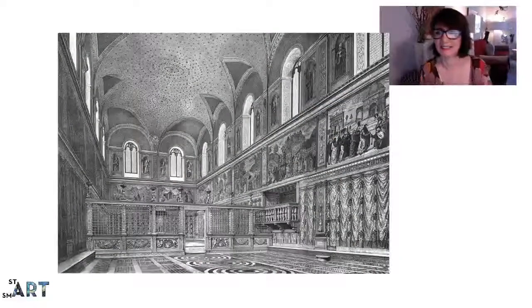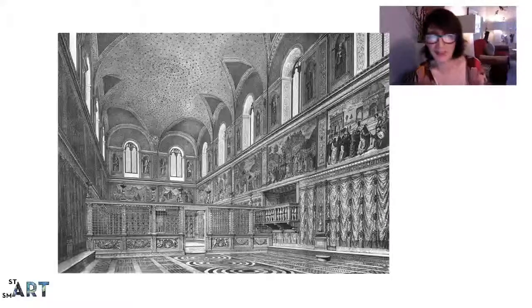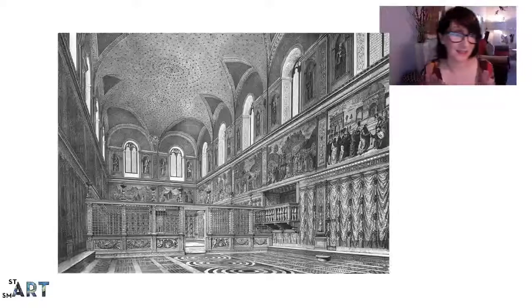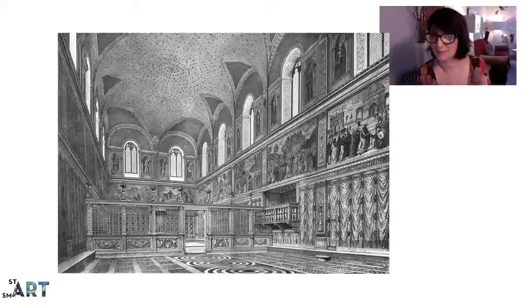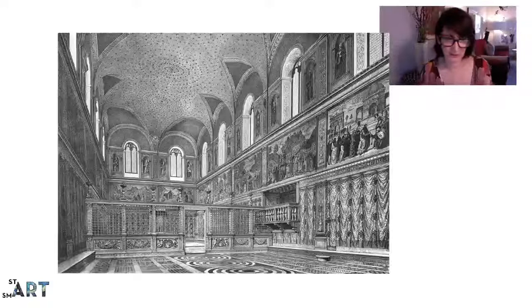Hello. So, I thought today was a good day to look at the ceiling. That's what the ceiling may have looked like before it became the ceiling, the Sistine Chapel ceiling. I thought that was an interesting rendition, a drawing of it, and we'll see how much it changes.